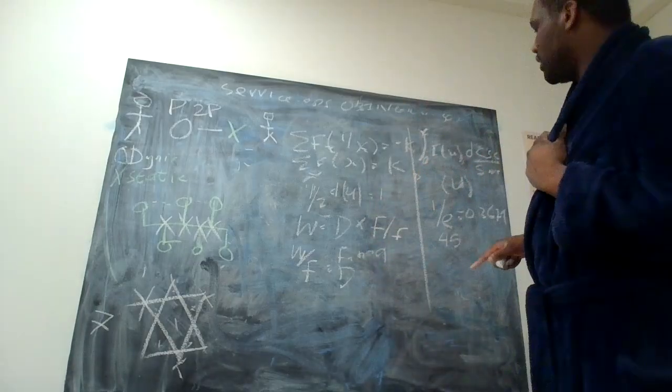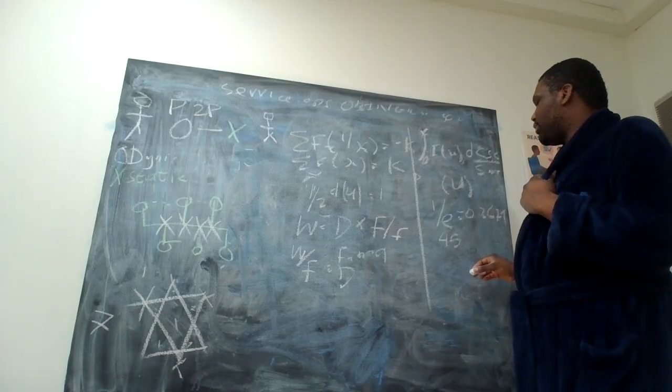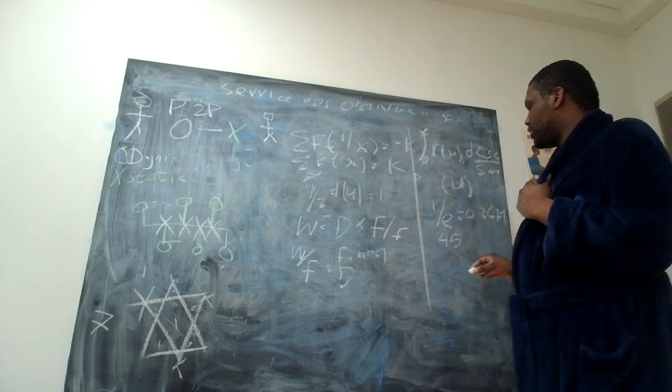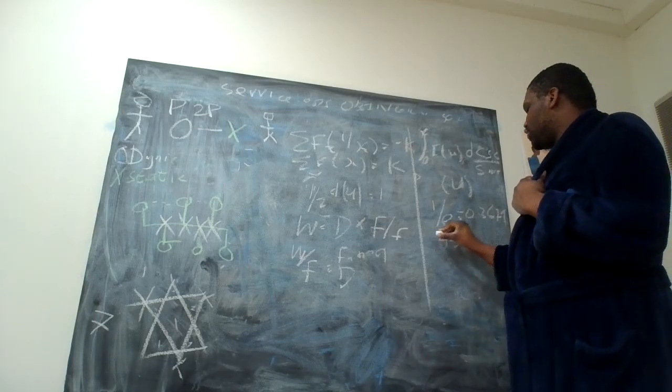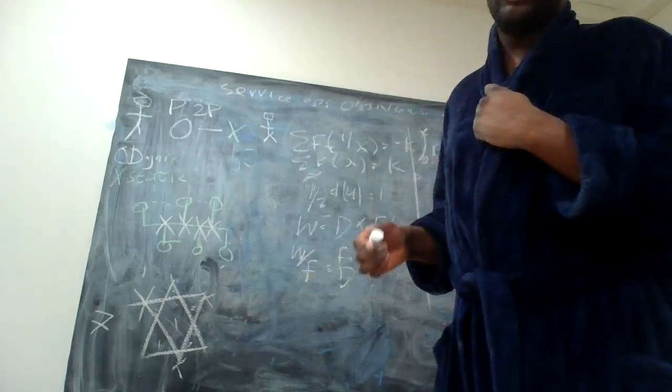D is k. Let's say 0.45, 45 over 100, 0.45. And now times 0.45.